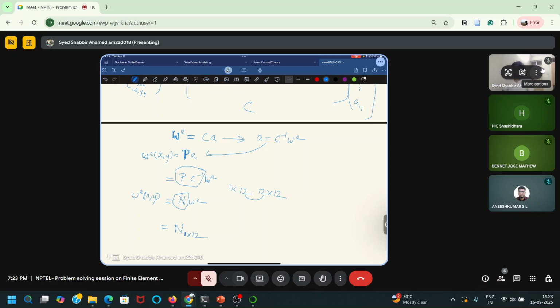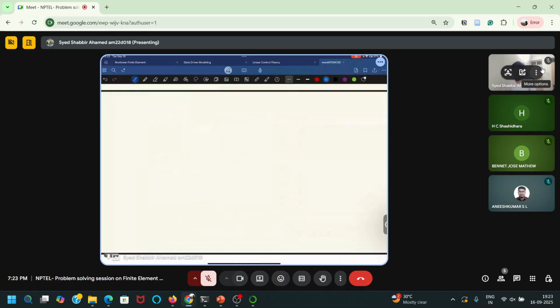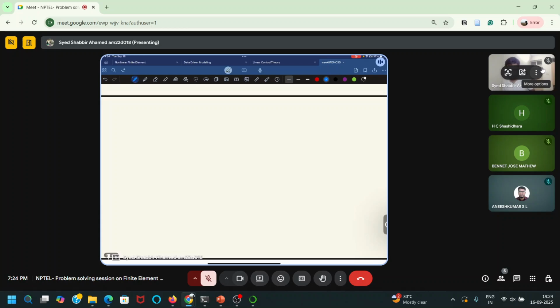So this is how we get our shape functions for the plate element, and after we get the shape functions, we can use the Galerkin weighted residual or our weak form. Our weak form looks like this.